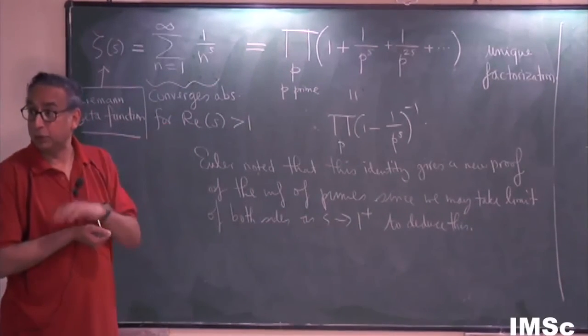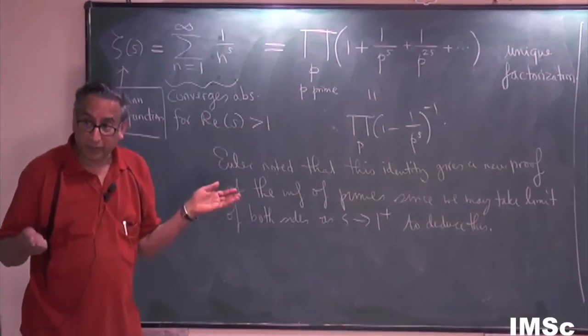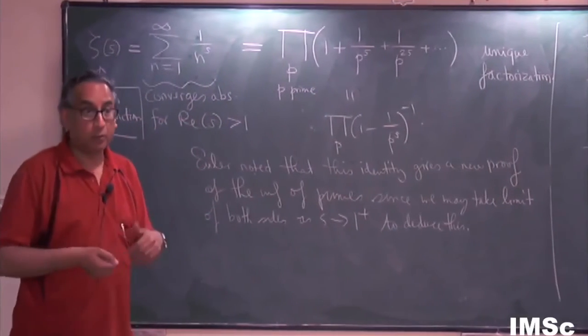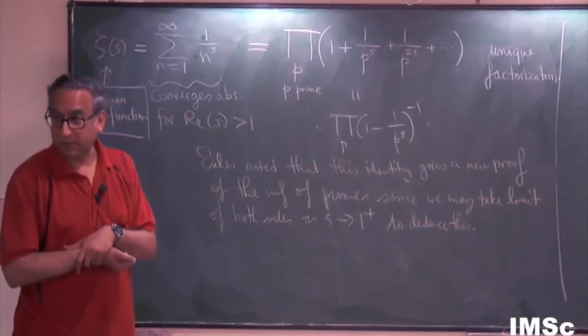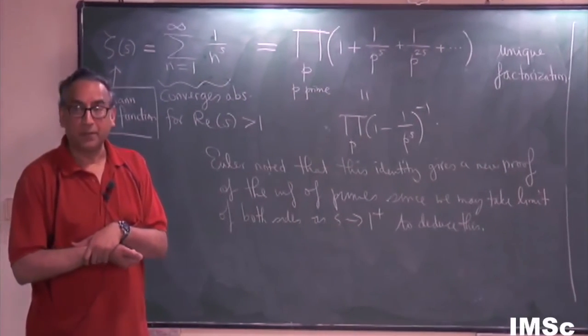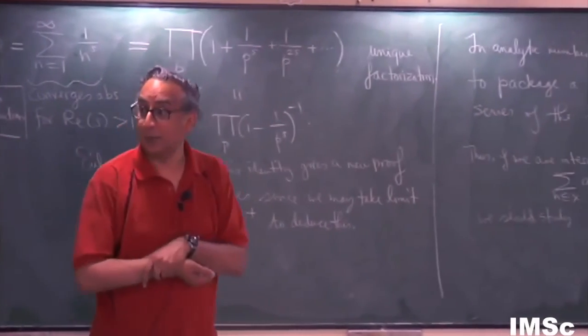So Dirichlet actually used this observation. And Euclid's proof doesn't work for arithmetic progressions. If you're trying to prove there are infinitely many primes in an arithmetic progression, Euclid's proof doesn't work. My bachelor's thesis was about when it actually does work.